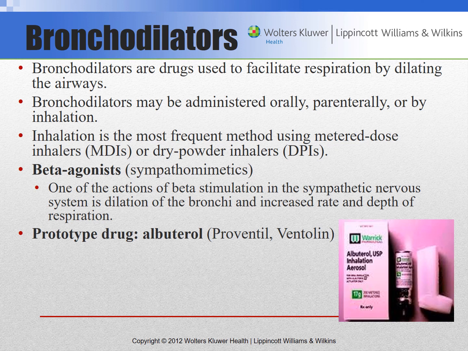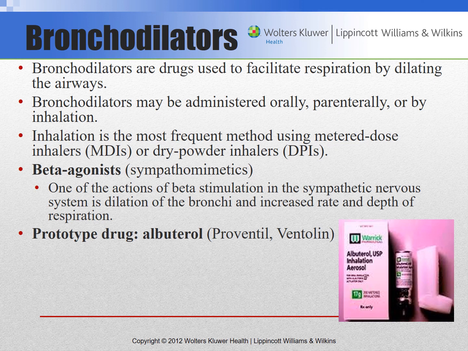One of the actions of beta stimulation in the sympathetic nervous system is dilation of the bronchi and an increased rate and depth of respiration. And so at a therapeutic level, the beta agonists are specific to the beta receptors that are found in the bronchi.